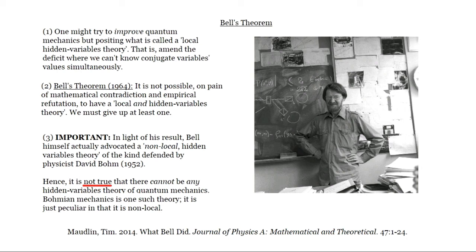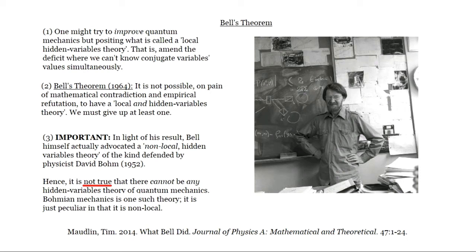In fact, he advocated a non-local hidden variables theory of the kind that was defended by the American, eventually turned British, physicist David Bohm, which he defended in 1952. Hence, it is not true, and this is why I've underlined this, because again, it is a common confusion that some people get, that there cannot be any hidden variables theory of quantum mechanics. Bohmian mechanics is one such theory.